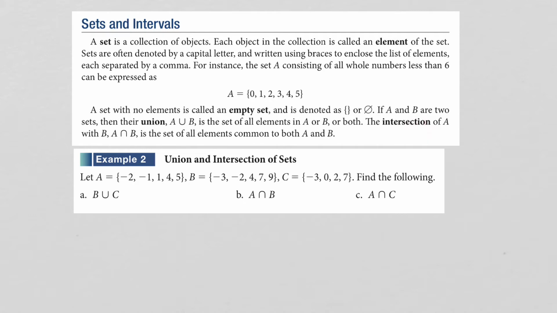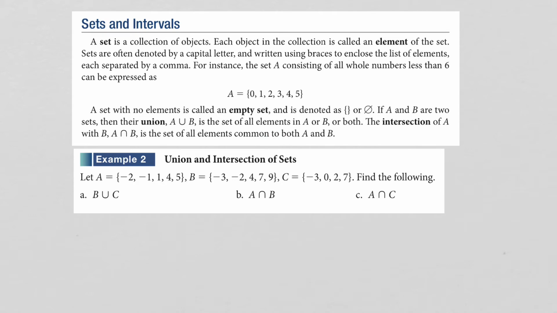The intersection of set A and set B is denoted A intersect B. Notice that the intersection sign is just the upside down U. And this consists of the set of elements common to both A and B.